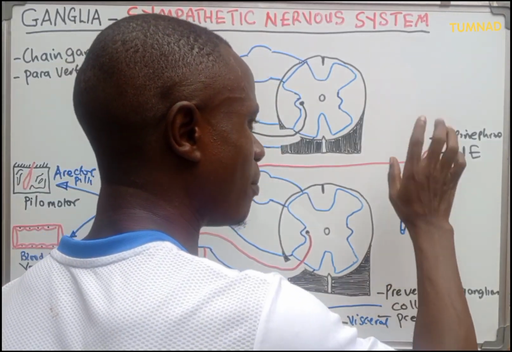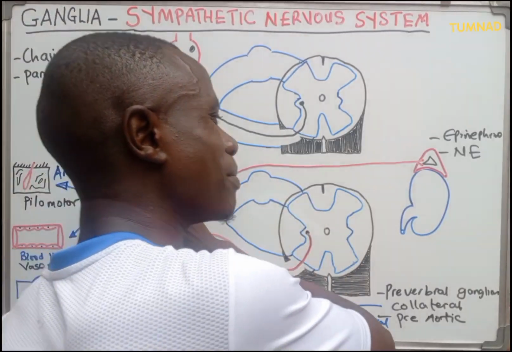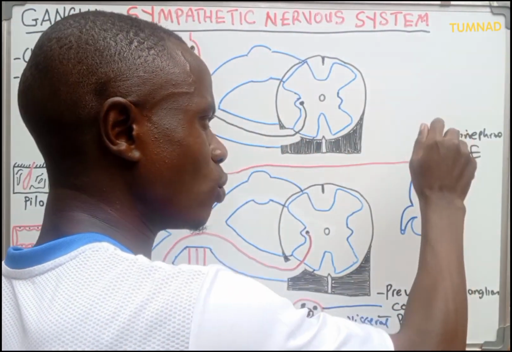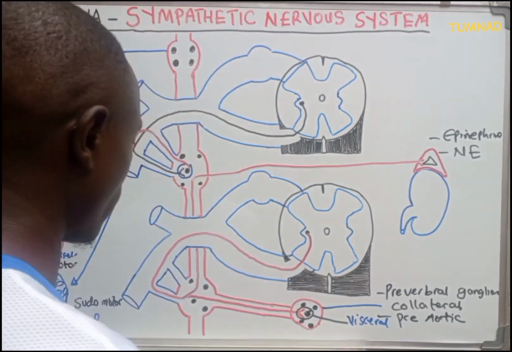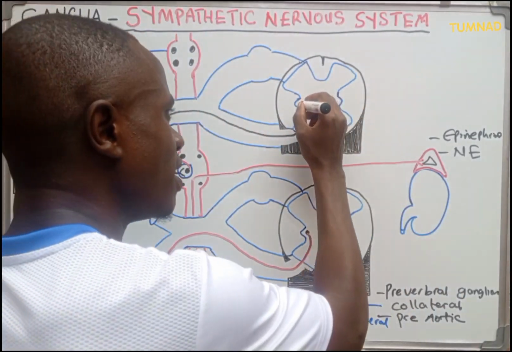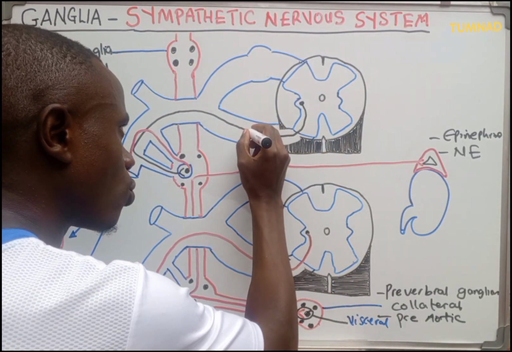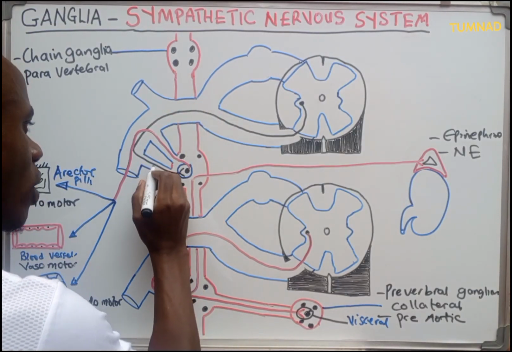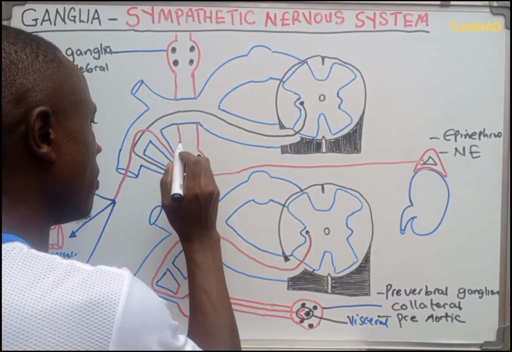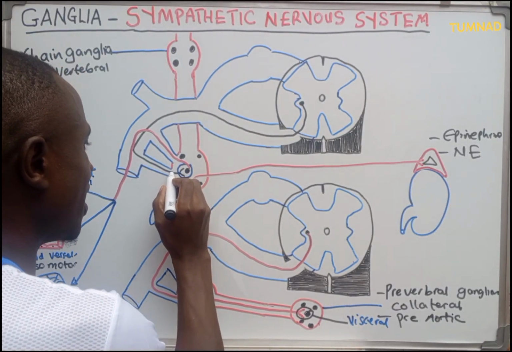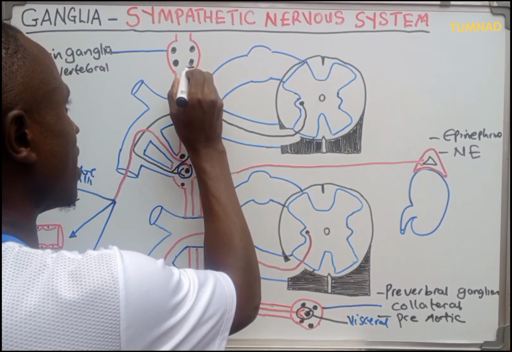Now, these are some of the exceptions of the preganglionic motor fibers coming out of the spinal cord. They move directly and terminate in the adrenal medulla. It is another beautiful thing. Again, these preganglionic motor fibers have come out through the ventral horn, through the ventral root, through the spinal nerve. They have entered through the white rami communicans. Sometimes they may not synapse here, but instead move up again and synapse with this.